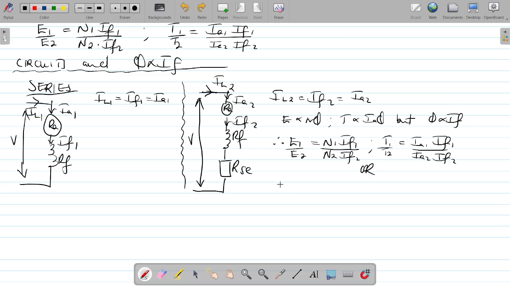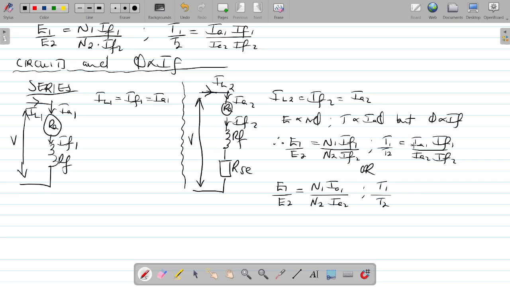Then your formulas would change to E1 over E2 equals N1, and instead of writing field current, I'm writing armature current IA1, over N2 IA2. For torque, this is T1 over T2.